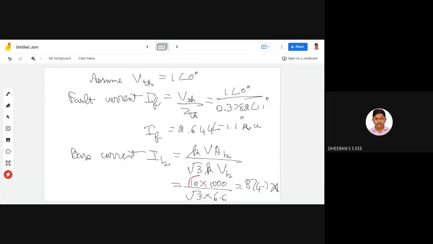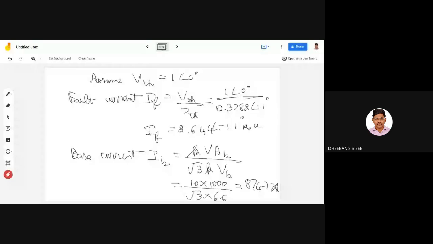Here it is nothing but apparent power, but over here they are substituting in terms of KVAB, and they are substituting 10 into 1000. Base MVA.